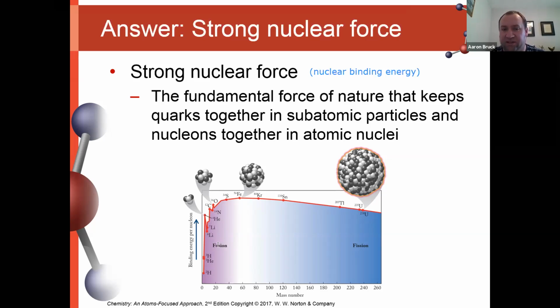And on this side of the ledger, if it's possible, atoms will go through fusion processes where they will stick small atoms together to make larger atoms in an attempt to get up to that most stable spot. And on this side of the ledger, fission will occur where the atom literally rips apart to try to get to that most stable spot.